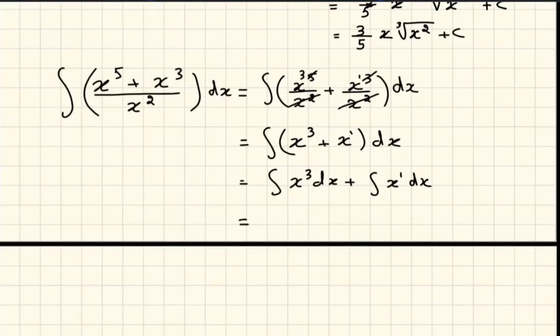You do the integral of x cubed alone, it becomes x exponent 4 over 4. And the other one becomes x squared over 2, and then we add the c. If you want to write the coefficient alone, you will write 1 over 4 x to the power of 4 plus 1 over 2 x to the power of 2 plus c. That's it.